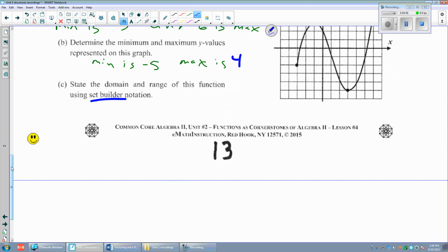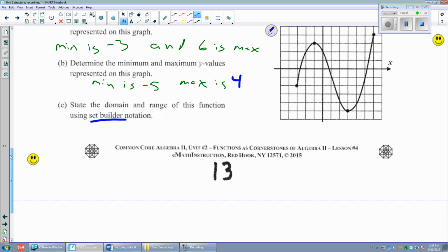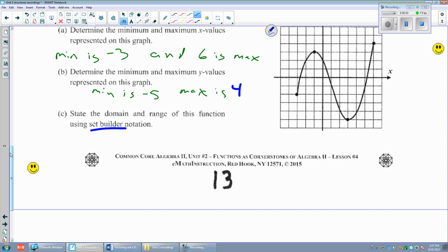Domain, x's. That's the top one, right? All numbers x such that, let me see, -3 is the smallest, and x is in between, and 6 is the largest.